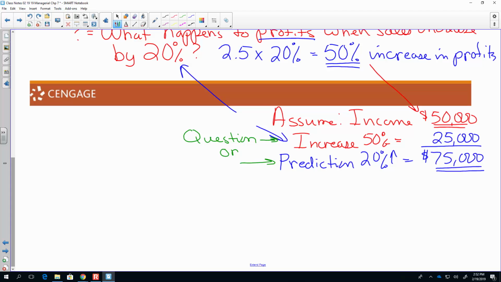So you could possibly have two ways. I could ask the same question, what's my DOL? It's 2.5, that's easy. But I might ask for the increase, which is 25,000 in income. Or I might ask, what is the new income going to be? 75,000 in this case. So be careful with the question. Make sure you're understanding which number I'm looking for.